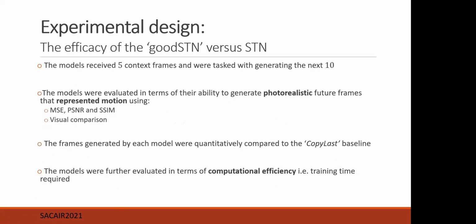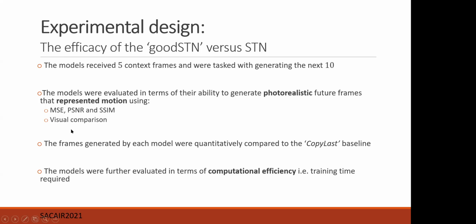So the models received 5 context frames and were tasked with generating the next 10, and they were evaluated in terms of their ability to generate photorealistic future frames that represented motion. In the study, we used both quantitative metrics, mean squared error, peak signal to noise ratio, and structural similarity, as well as a side-by-side visual comparison.